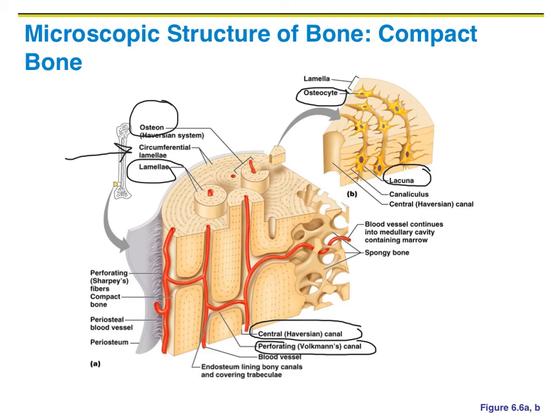Small, tiny little canals radiate from the central canal, known as canaliculi. Canaliculus is singular, canaliculi is plural. These tiny canals give the osteocytes that are trapped in the matrix nutrients.